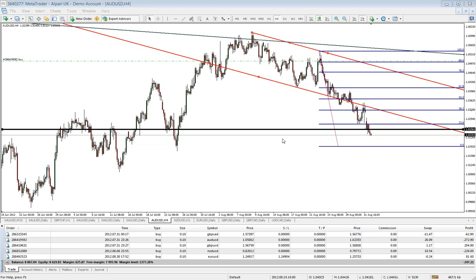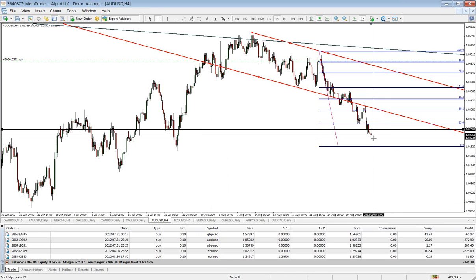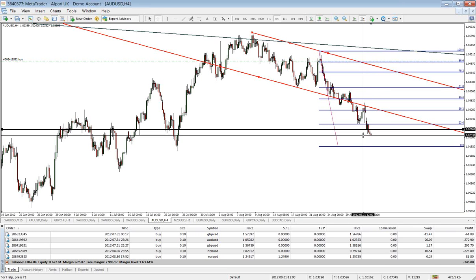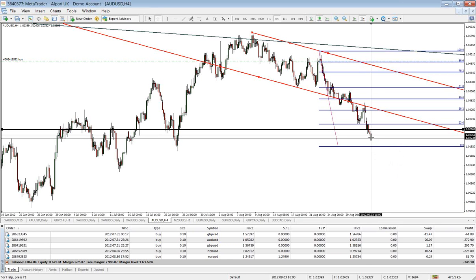Okay, so as I expect, this is basically the psychological 1.2 level that we can get into. And to confirm this further decline, as I said, we need a 4-hour candle close below 0.230, 0.232 to be precise. We need the 4-hour candle to close lower.